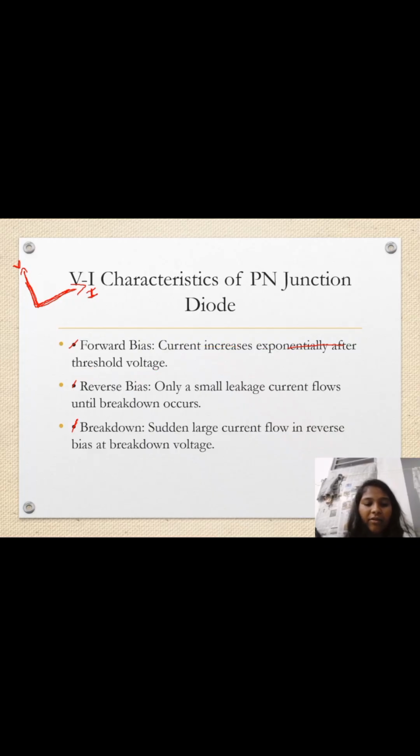And in reverse bias, only a small leakage current flows until breakdown occurs. A sudden flow of current in reverse occurs at the breakdown voltage.